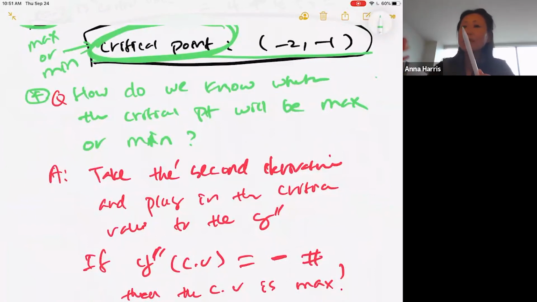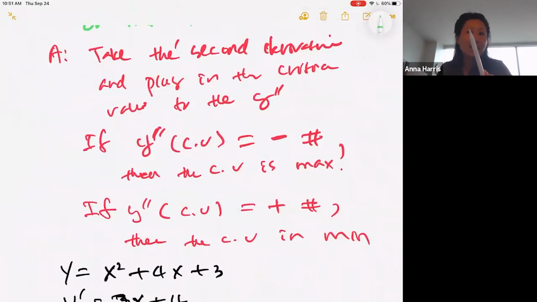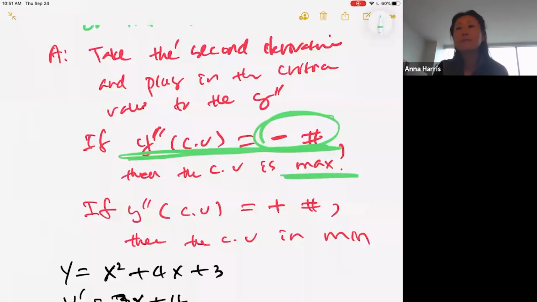You take your second derivative to figure out whether it's going to be max or min at your critical point. You have 2 rules. If you plug in your critical value into the second derivative and you get a negative number, you get a max. Your graph will go up like that.